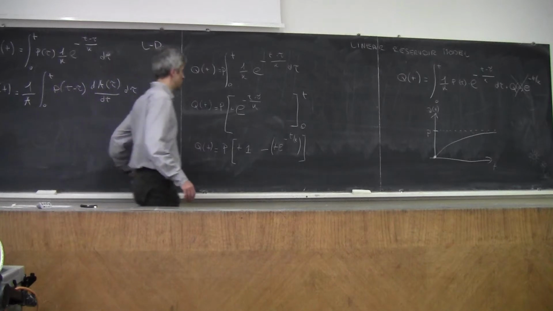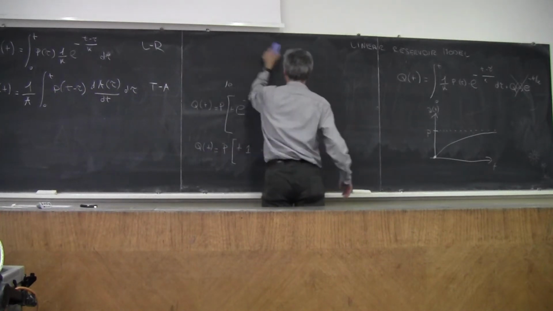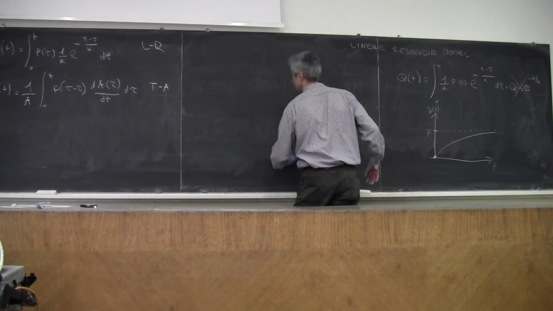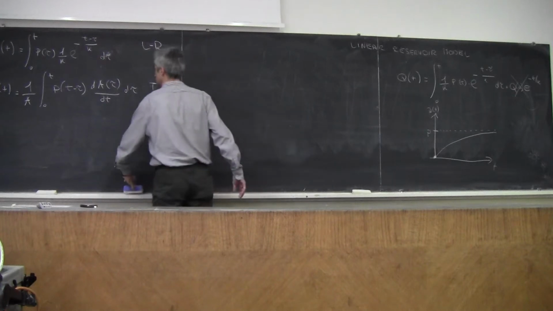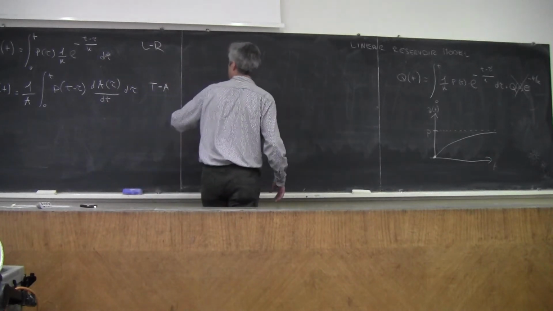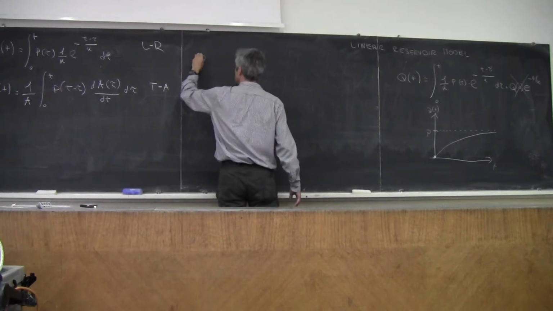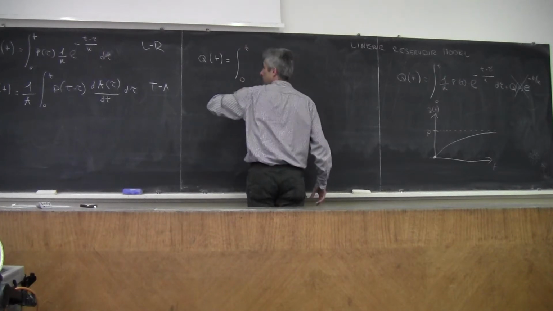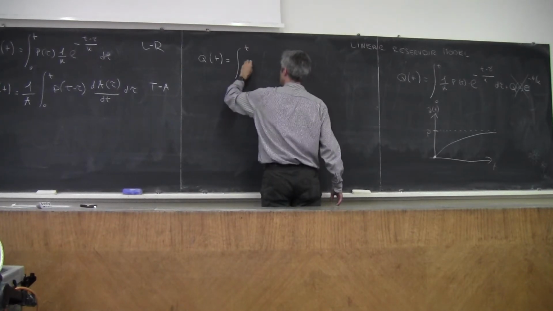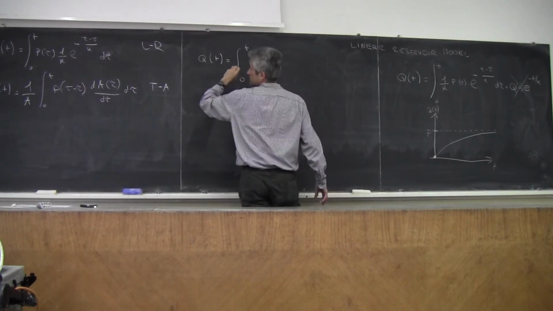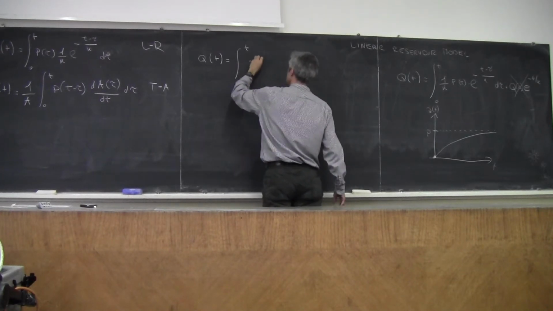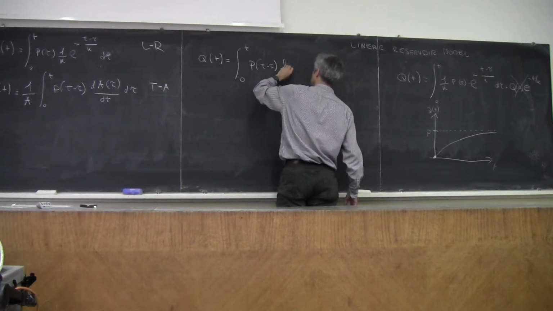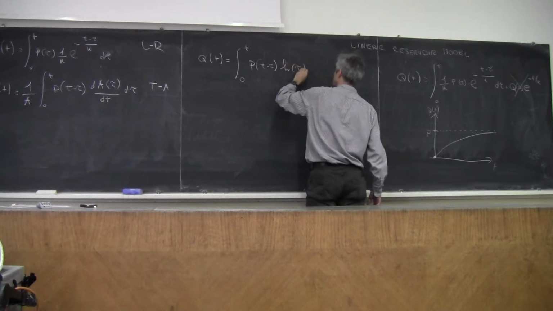The general form of the model can be written in this way: Q(t) is equal to the integral between 0 and t of p(t minus tau) h(tau) d tau.